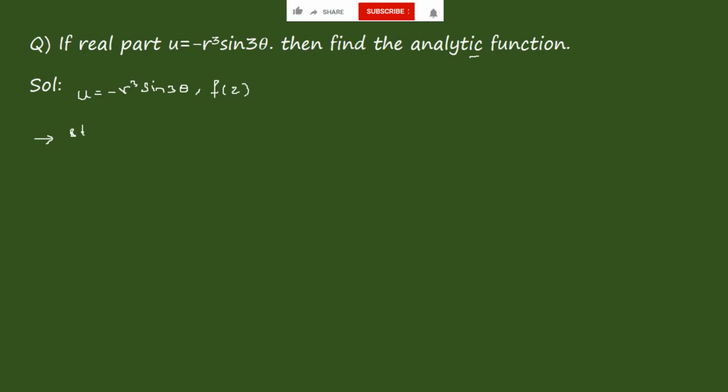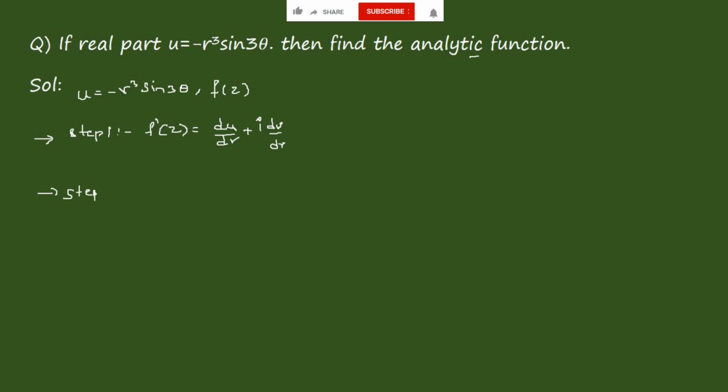In step 1, find the value of f dash of z, which is equal to du by dr plus i dv by dr. Here we don't know the value of v, so we'll be replacing dv by dr with minus 1 by r du by d theta.